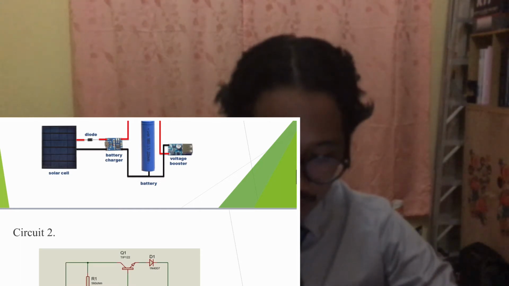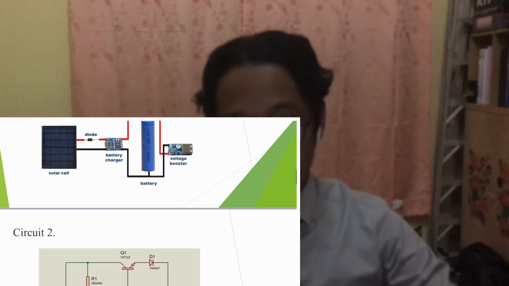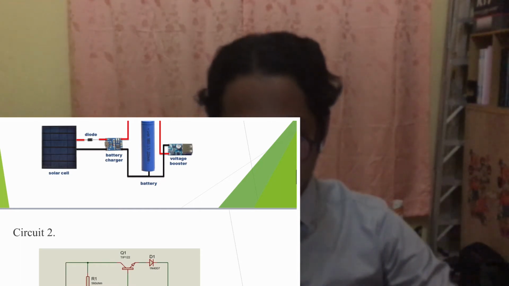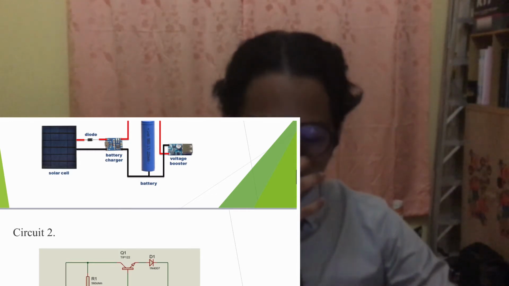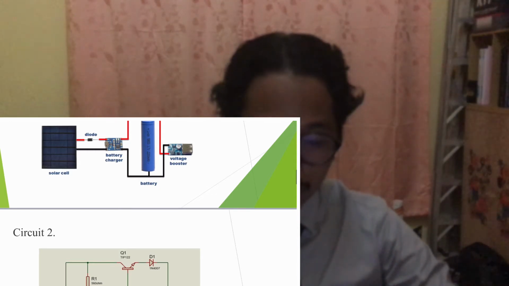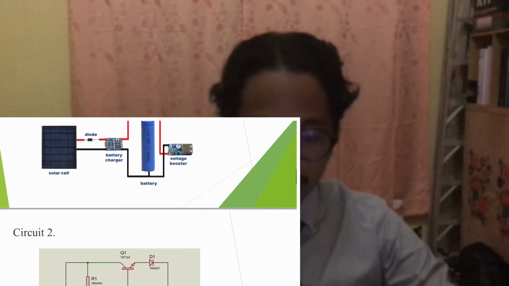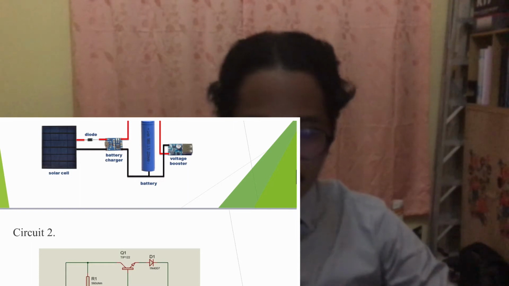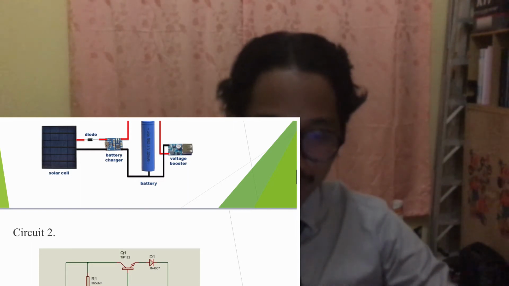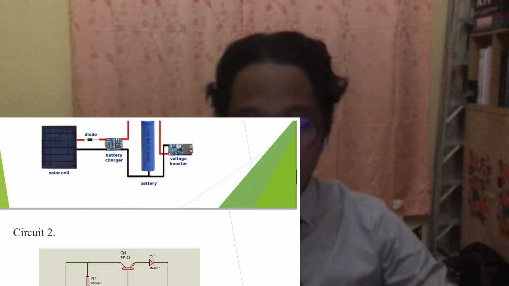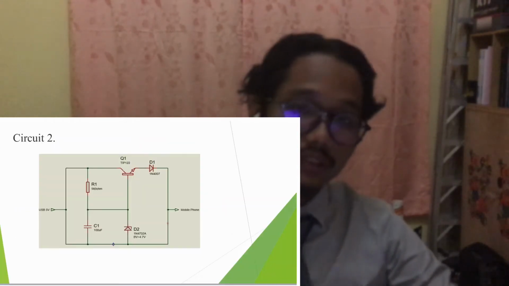In this circuit, T1 is used to give the regulated output. For the Zener diode, ZD is to control the output voltage, and D1 will protect the polarity of the output supply.